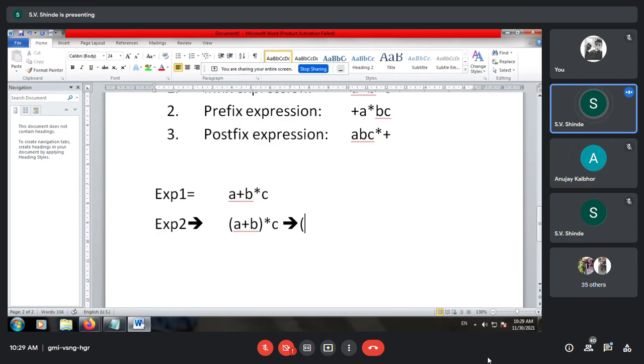You will get something like this: plus AB, and then multiply and then C. So it simply implies that the bracket gives importance to executing A plus B prior to B into C. And if you observe the prefix expression for expression 1, it will be a little different.